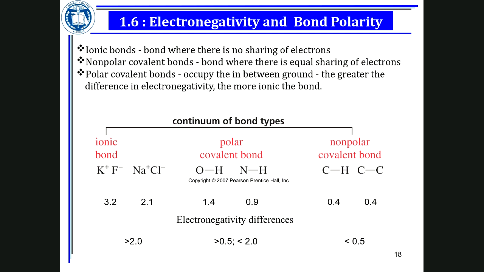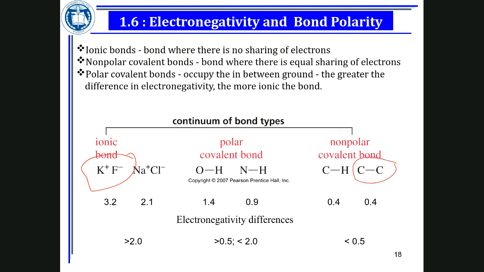We covered bonding yesterday. When we have a positive and negative charge, that is ionic bonding. We have covalent bonding, and if the covalent bonding is between two of the same non-metal, it's going to be a non-polar covalent bond.